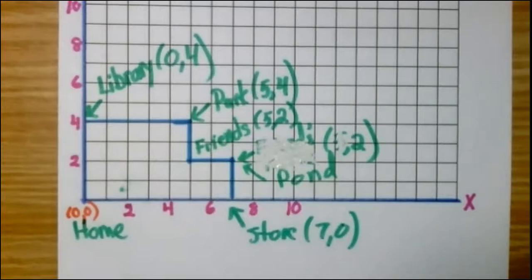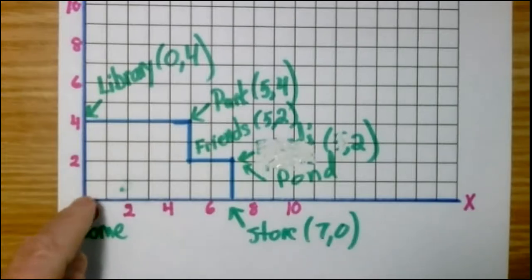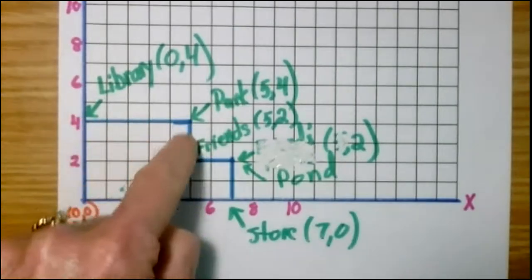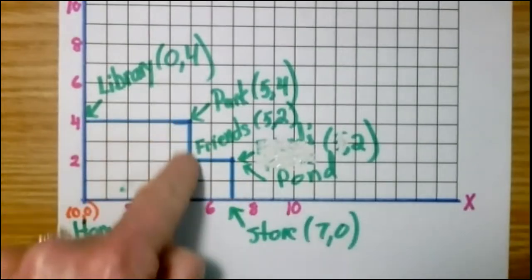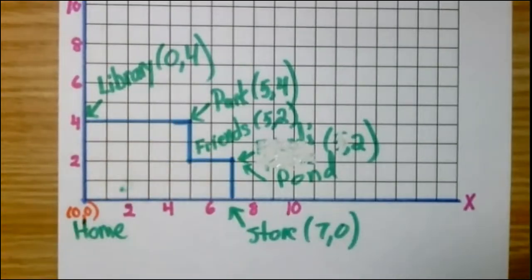So now what do they want us to do? How many blocks did he walk all together, right? So we have to figure out the perimeter from here and back home, right? So we need to find the perimeter of this whole thing. We have to add that all up. So we have to figure out what those numbers are.